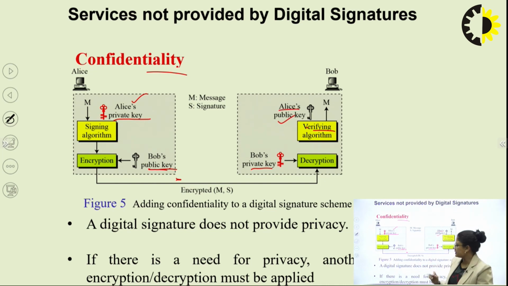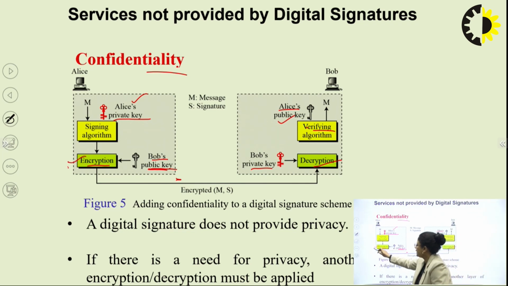For confidentiality, you use the receiver's public key for encryption and the receiver's private key for decryption. So if we want confidentiality in addition to digital signature, this is an extra layer being added. By default, digital signature does not provide confidentiality.